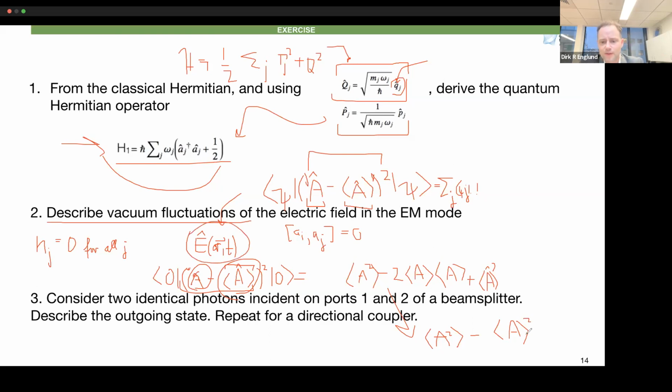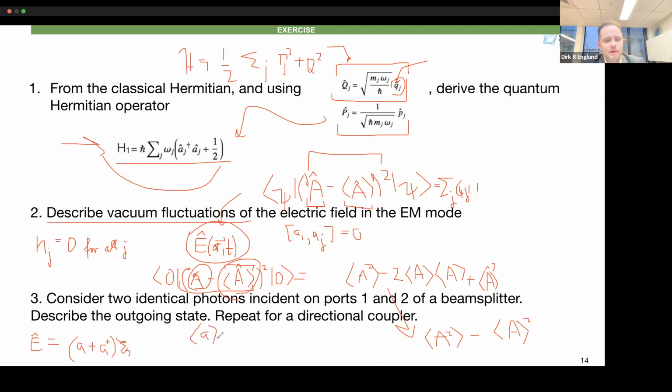That's the quantity we want to find, where A is equal to this electric field E. Now remember that the electric field operator is equal to some stuff. For a single mode field, because we're just looking at one particular j at the moment, we can drop the index for now. A has the expression a plus a dagger, times some complex number psi, which also has the position in it.